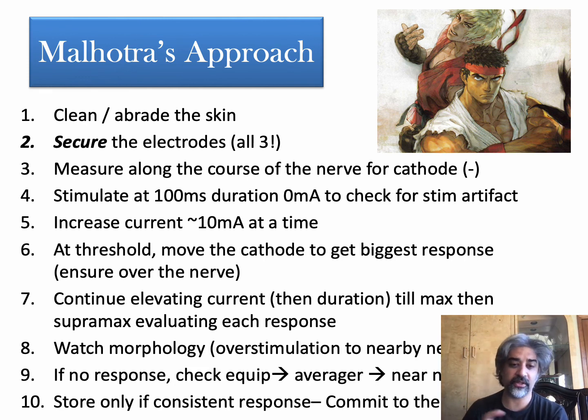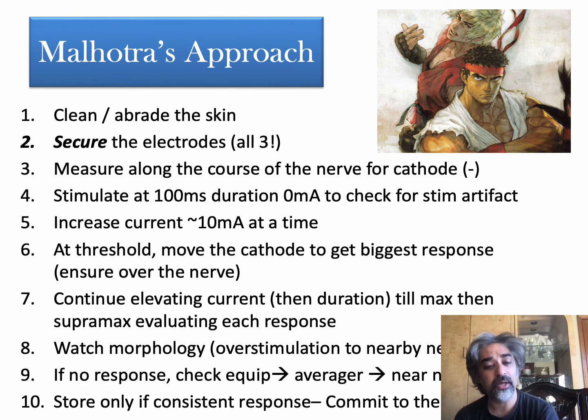And while you're doing this, you want to watch that the waveform isn't changing. Changing in amplitude's fine, but just that the morphology isn't suddenly changing to something different, because if that happens, then maybe you're giving so much current that it's actually stimulating a nearby nerve, and that's contributing to the waveform. If you don't have a response, check your equipment, make sure everything's plugged in.